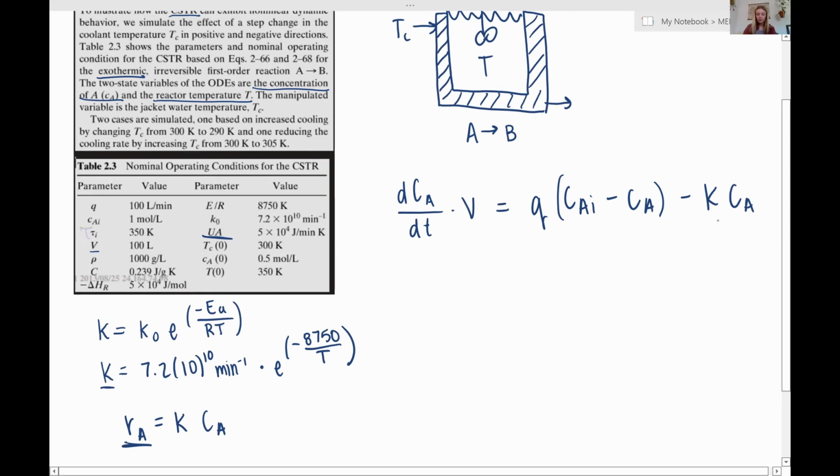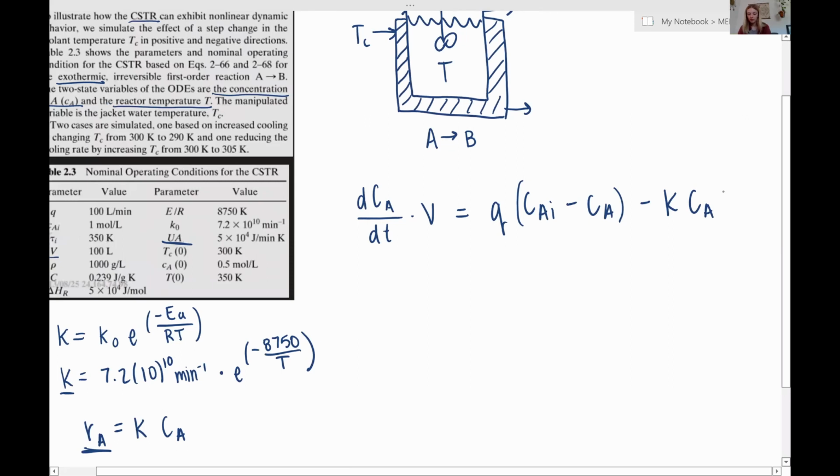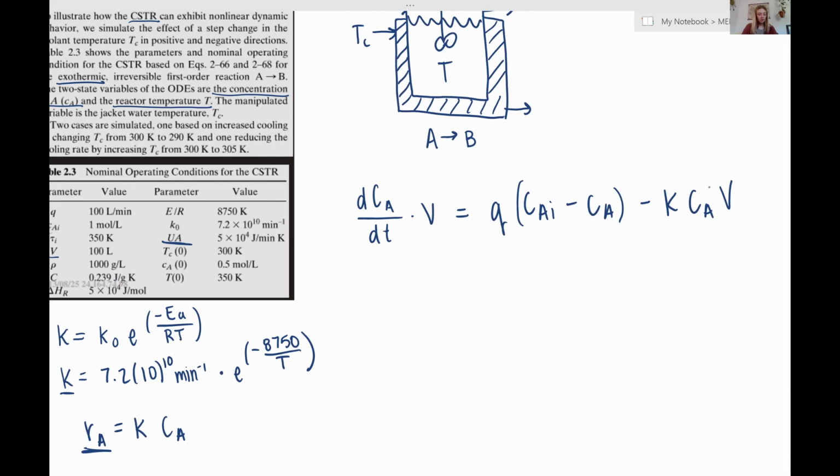And now the units for our rate of consumption is in moles per liter seconds. And again, we want mass over time. So to get rid of that liters in the bottom, we can multiply by volume again. So the next thing we want to do, since we want to get our equation equal to our change in concentration of A over time, we're just going to divide the whole thing by volume.